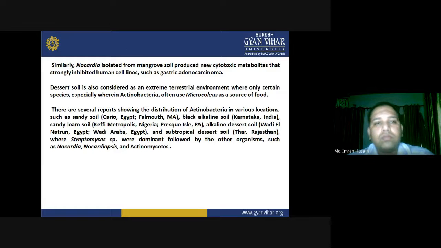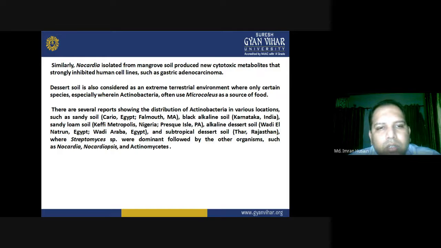Similarly, Nocardia isolated from mangrove soil produce new cytotoxic metabolites that strongly inhibit human cell lines, such as gastric adenocarcinoma. So they produce components that are anti-cancerous in nature.